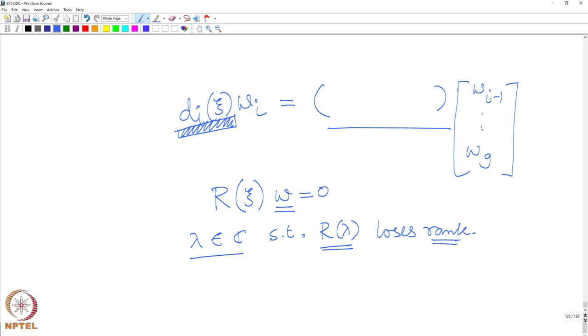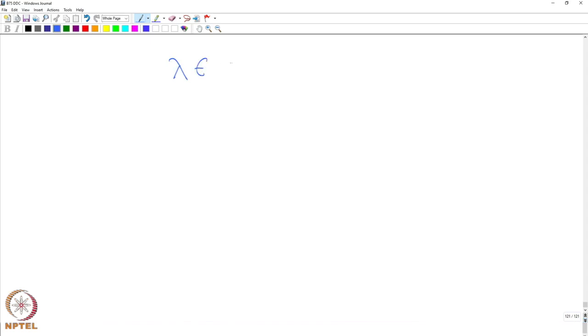Those are precisely the roots of the determinant of R(ξ). Find such a root, and find a non-zero vector which is guaranteed to exist, because R(λ) is a square matrix with determinant equal to 0, so there are non-zero vectors in its kernel.